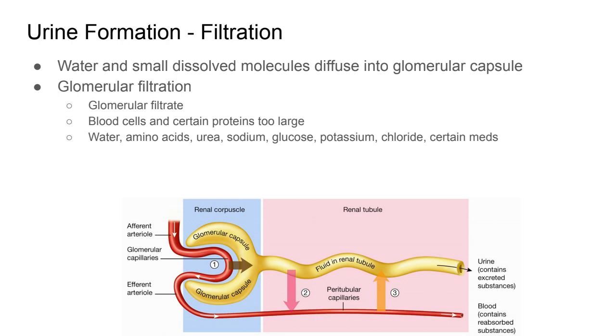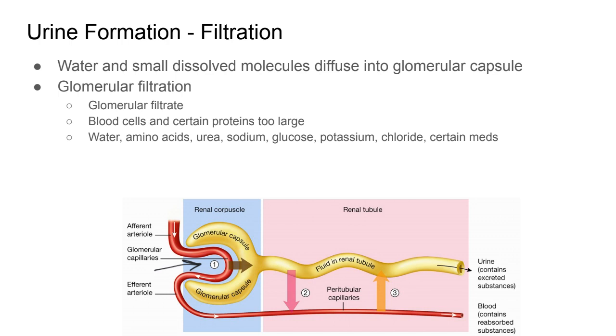So filtration is going to be the step where water and small dissolved molecules are going to diffuse into the glomerular capsule. If you look at this simplified view down here, you can see the filtration happening at step 1, where you have the glomerulus with those glomerular capillaries inside the capsule, and the water and small molecules are going to diffuse through those filtration sites that are formed where the podocytes wrap around the capillaries.